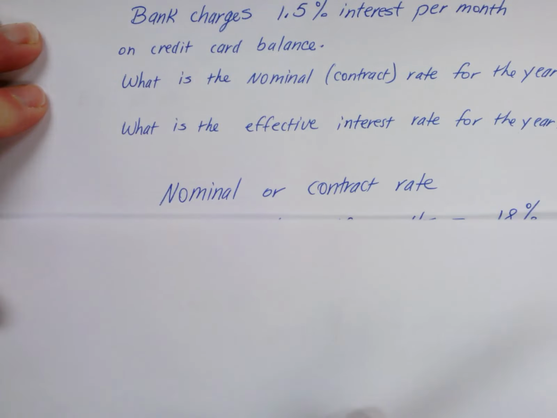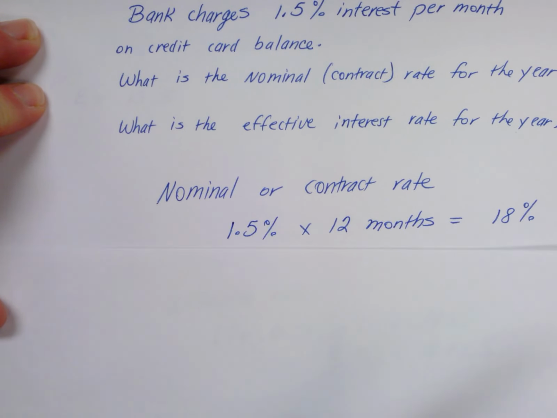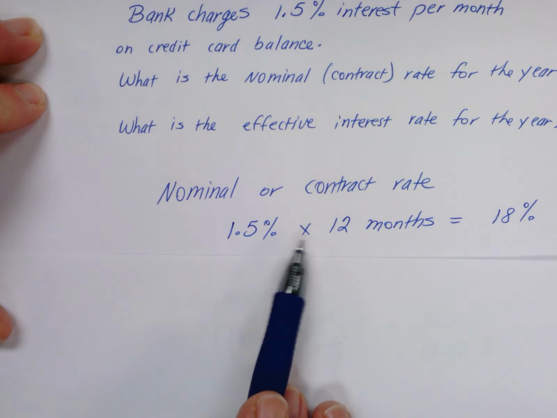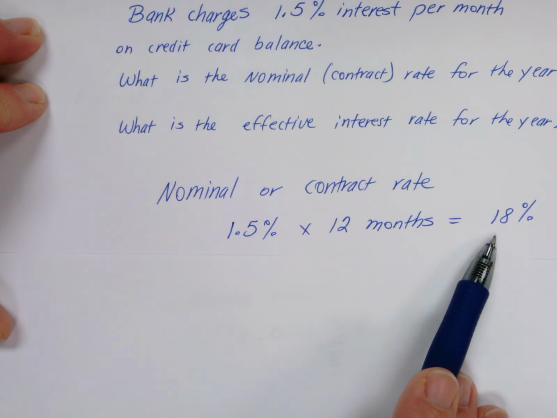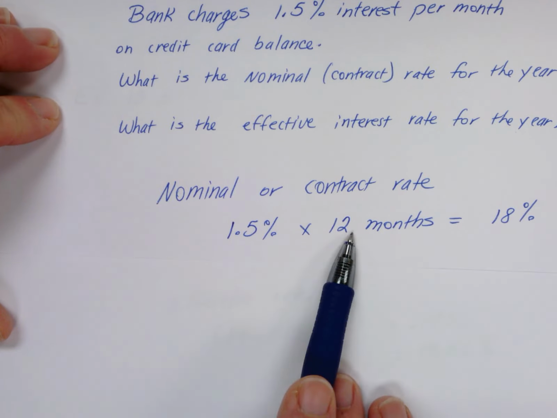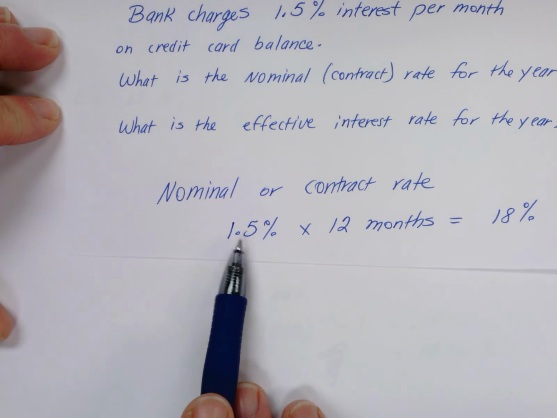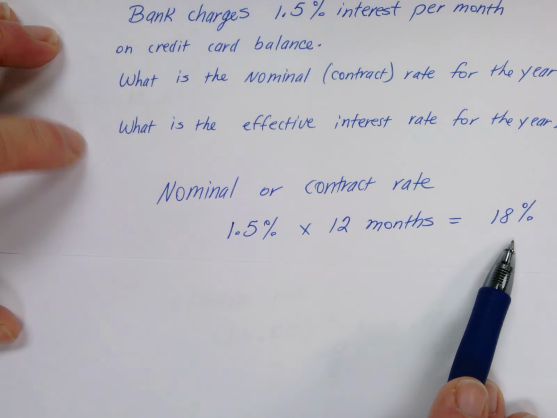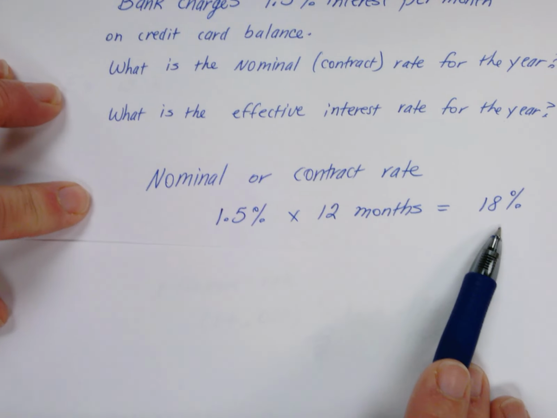To figure out the nominal or contract rate first, it is simply the monthly rate, 1.5% per month, times 12 months. So the nominal or contract rate would be 18%. Simply multiply the monthly percentage rate times the number of months in the year. 18% nominal or contract interest rate.